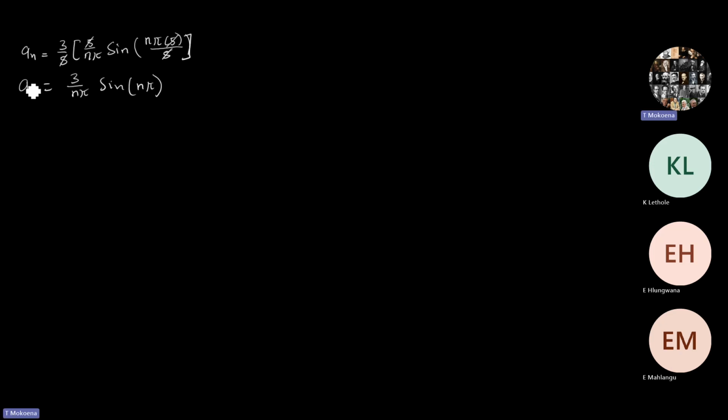But this is what I want you to understand. Every time you see pi over here, multiplied by any integer, you will always get 0. You can prove it with your calculator. You can say sine pi, sine 2 pi, sine 3 pi.